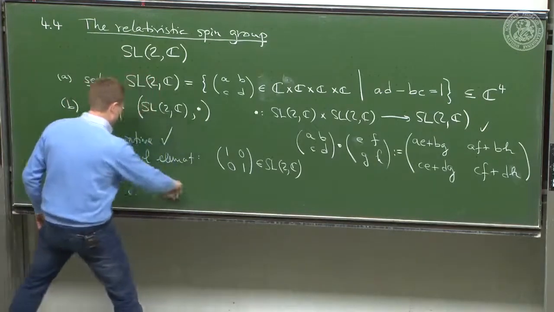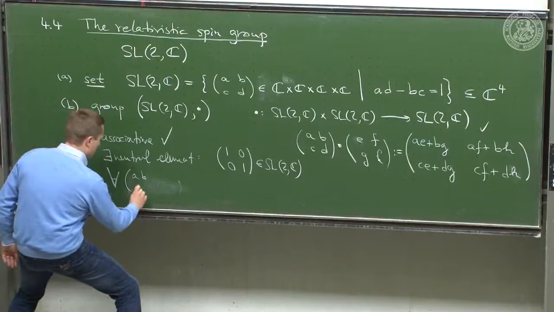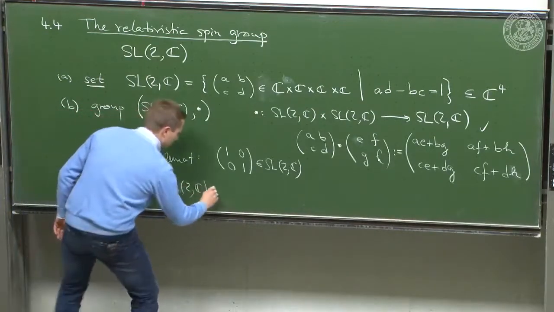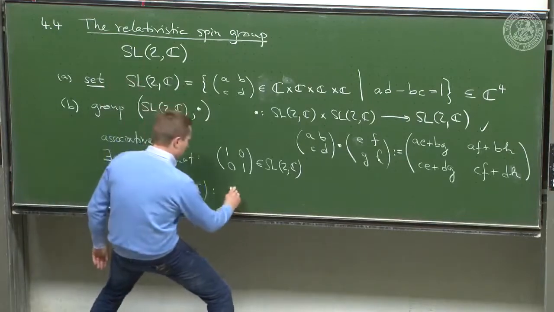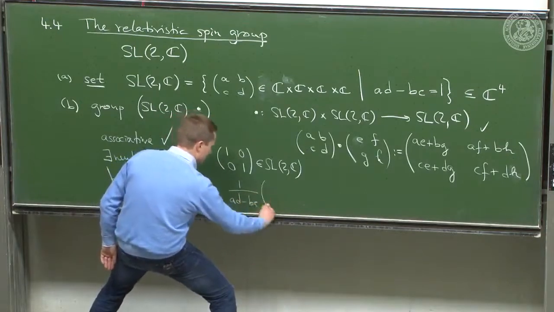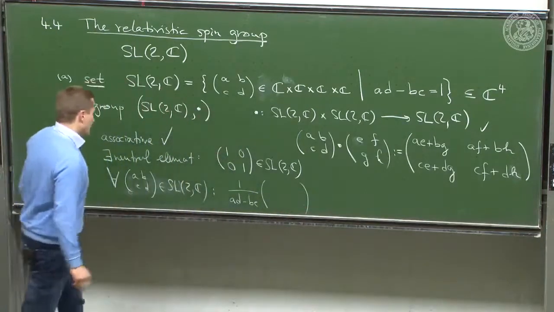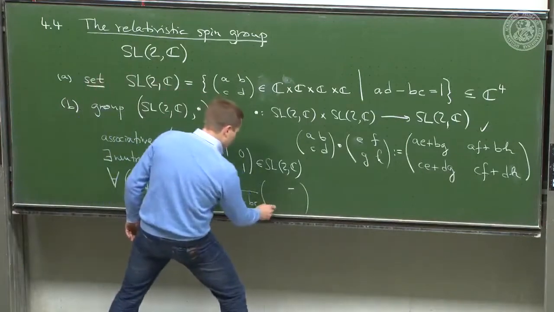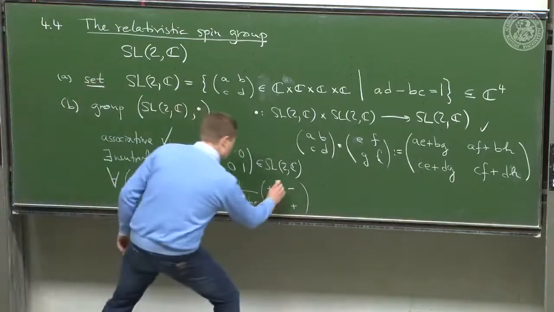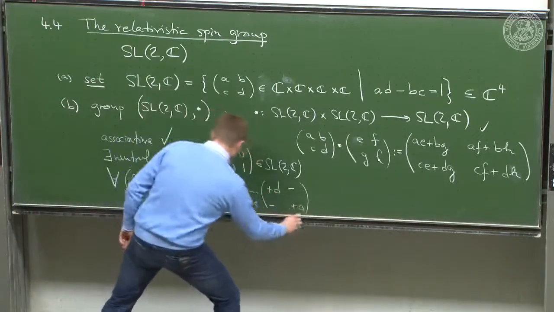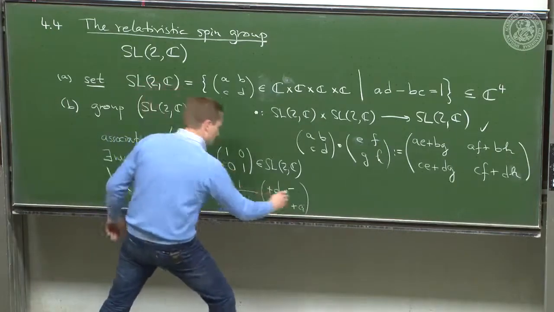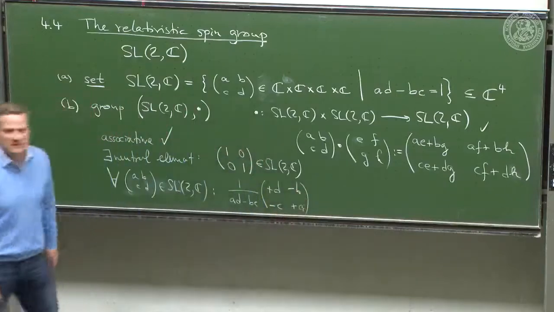Let's write it down. So for every A, B, C, D in SL2C, I claim, and you will quickly check, that 1 over AD minus BC, times the matrix with signs plus minus, plus plus minus like this, D, minus B, minus C, A, I think this is the inverse.